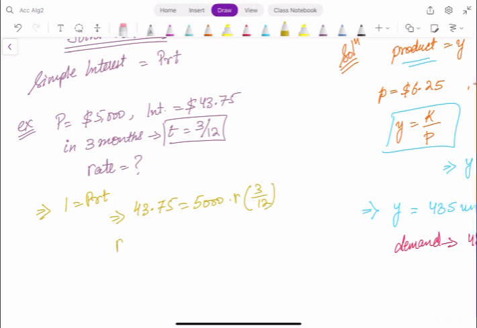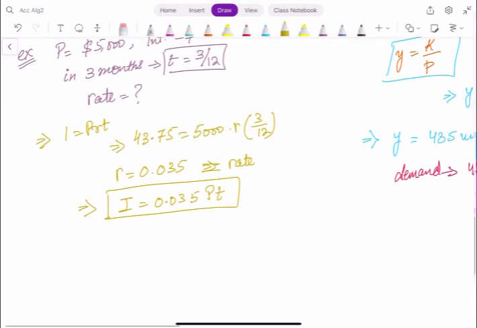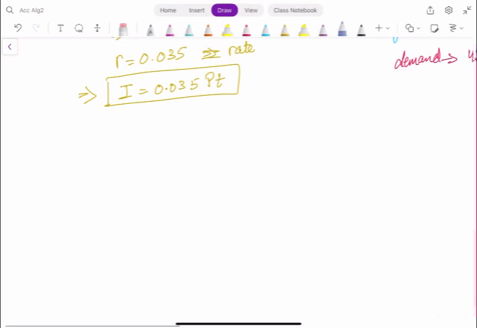If you plug it in the calculator or do it by hand, you should get the rate as 0.035, which is nothing but 3.5%. And I can rewrite my simple interest equation as 0.035 PT, right? So 0.035 is the constant, which is k, and then we have P and T.